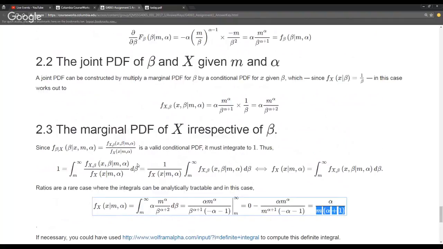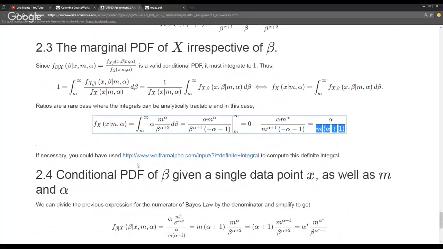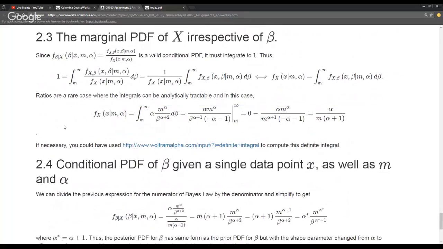So whenever you have a situation like that, are you always going to end up with an answer like this which does not include x for the distribution? Yeah. So anytime you use a uniform prior and integrate out the unknowns, you're going to get something that does not involve x. But that's only the case for uniform distributions. If it was normal or something like that, then this expression here would involve x somewhere.